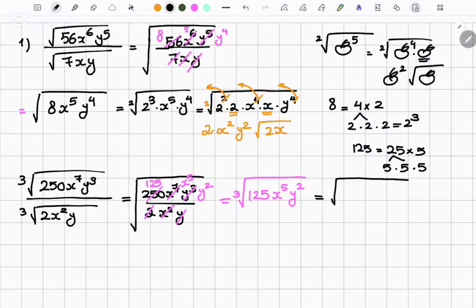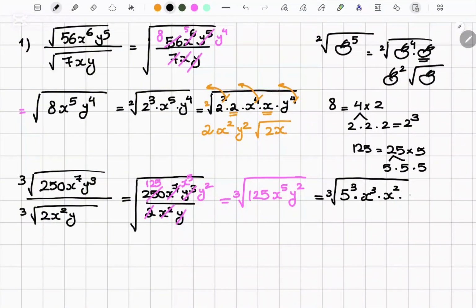Something that I recommend to my students is to memorize some of these powers, because it's going to be really, really helpful. So 5 to the power of 3 times, instead of writing x to the power of 5, I have to write it in a form that some part of this number can pay and can come out. So I'm going to write it as x to the power of 3 times x to the power of 2. That is going to give me x to the power of 5, okay?